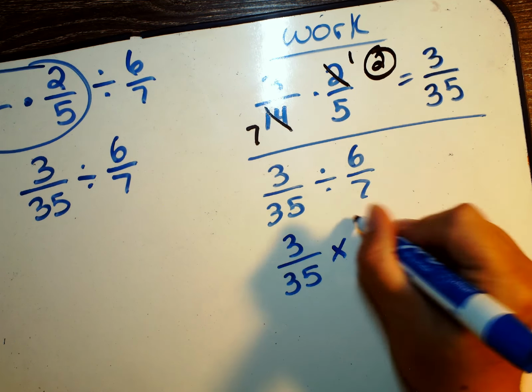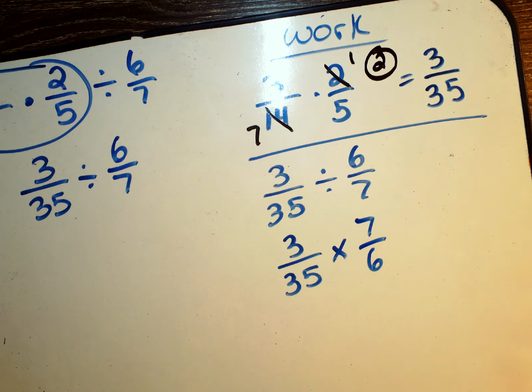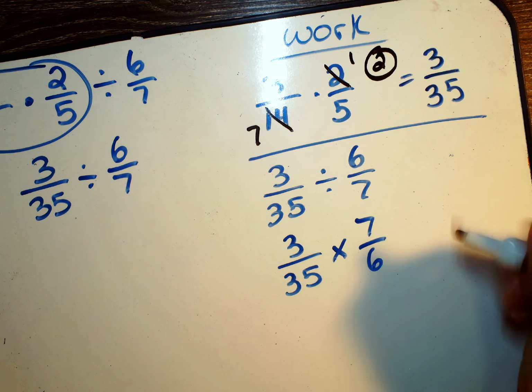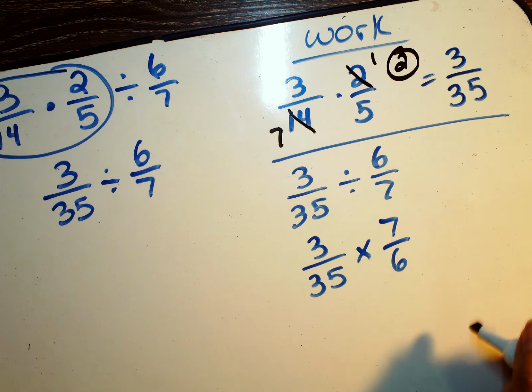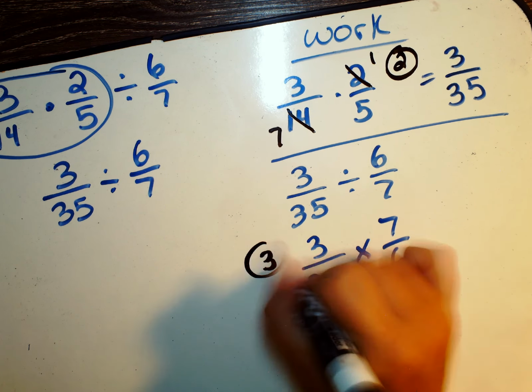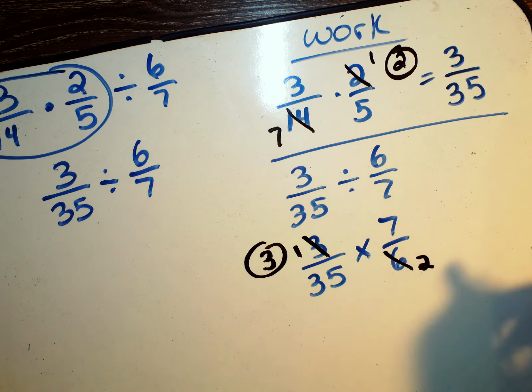So not 6/7, it's now going to be 7/6. So if you're not sure if it can be cross-canceled, looks like it, you do the factor tree of the prime factorization to find the GCF. So 3 and 6, I know 3 is the greatest common factor. So 3 divided by 3 is 1. 6 divided by 3 is 2.